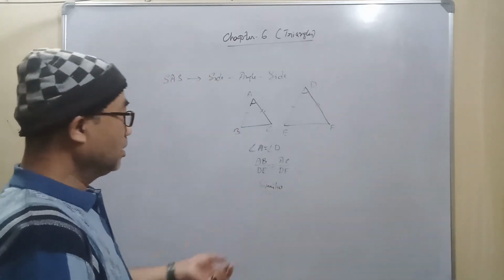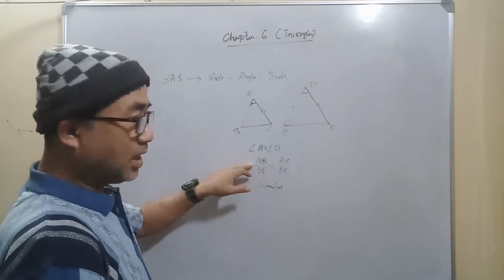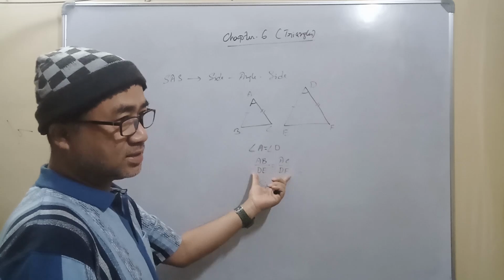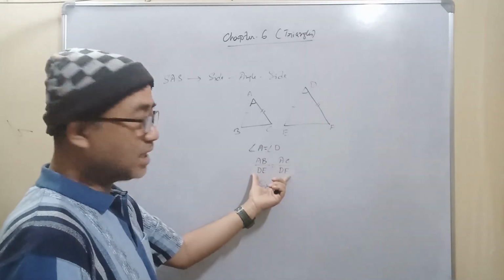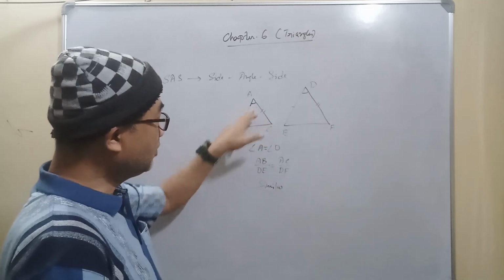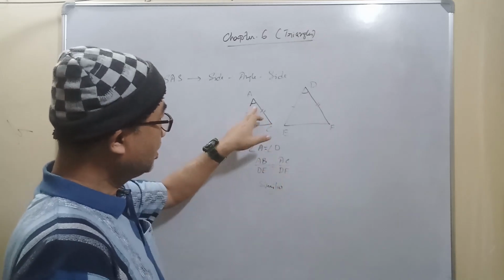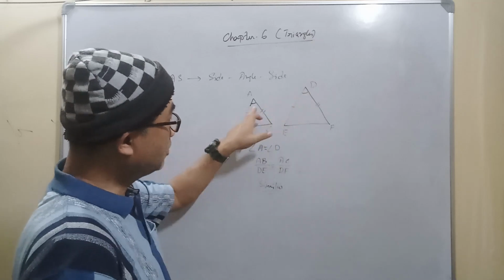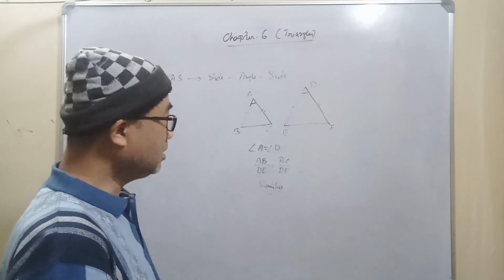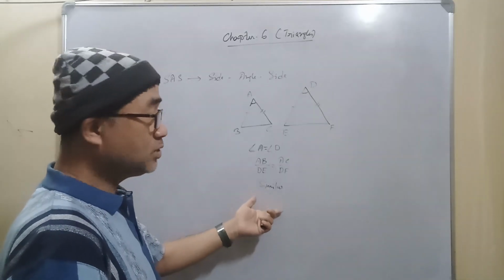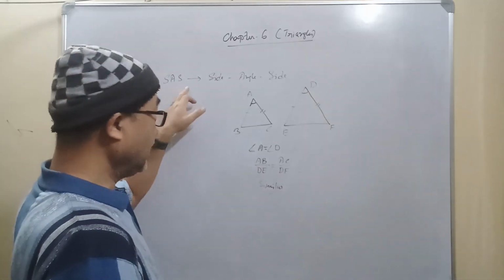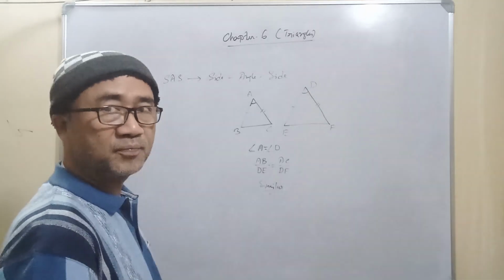Okay, the two triangles are similar when two of their corresponding sides are in proportion like this, and the angle included between those sides, this angle and this angle, these two angles are also equal. Then the two triangles are similar. That is SAS similarity.